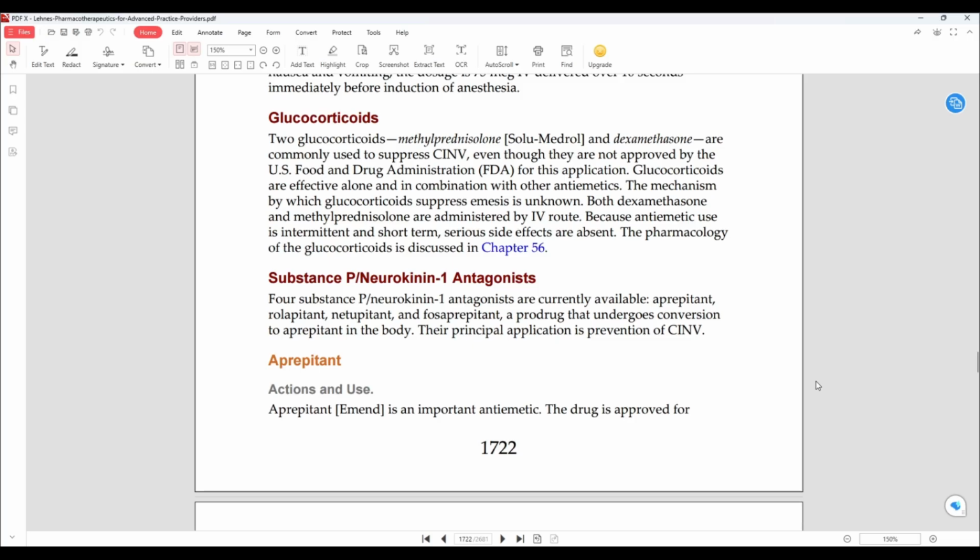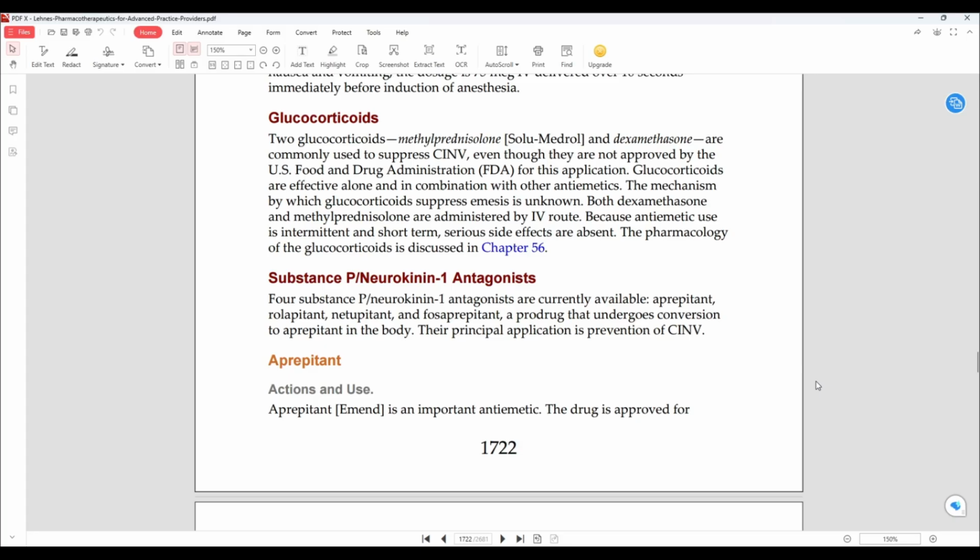Which takes us now to the next section of antiemetics, the glucocorticoids. Two glucocorticoids, methylprednisolone, Solu-Medrol, and dexamethasone, are commonly used to suppress CINV, even though they are not approved by the FDA for this application. Glucocorticoids are effective alone and in combination with other antiemetics.